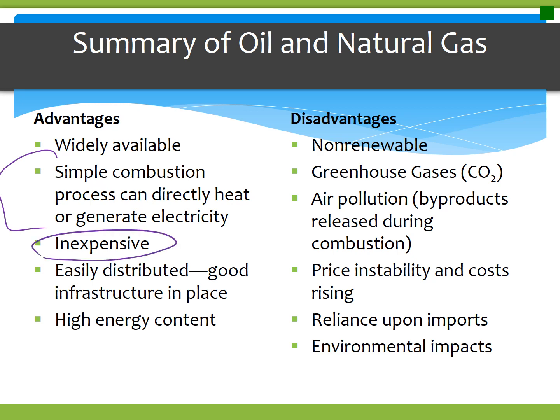It's also relatively inexpensive. It's easily distributed. We already have a good infrastructure in place, meaning we can get from where we dug to where we need the source easily. We use boats or pipelines, things like that. And per small amount of space, it has a very high energy content. It's not like burning wood; it's got more energy than that. So it's pretty productive in that sense.